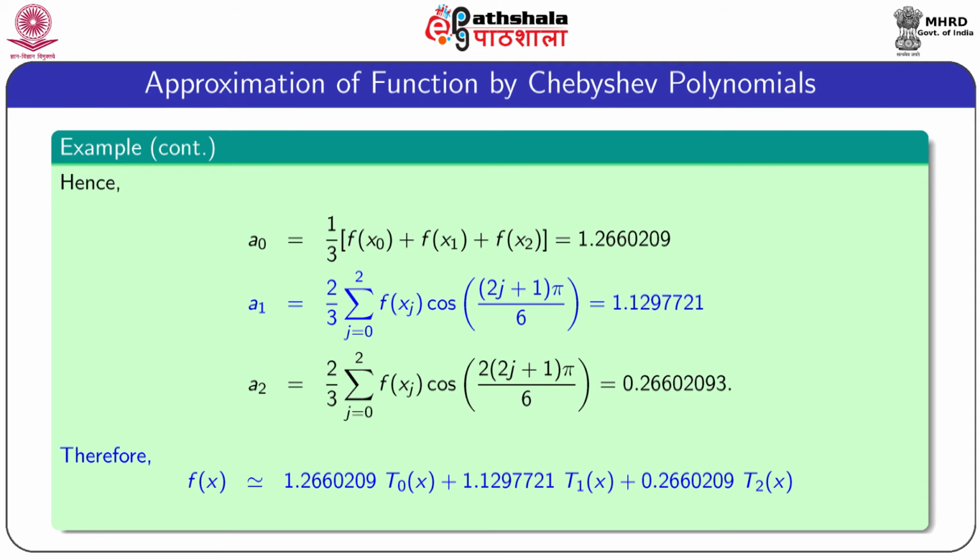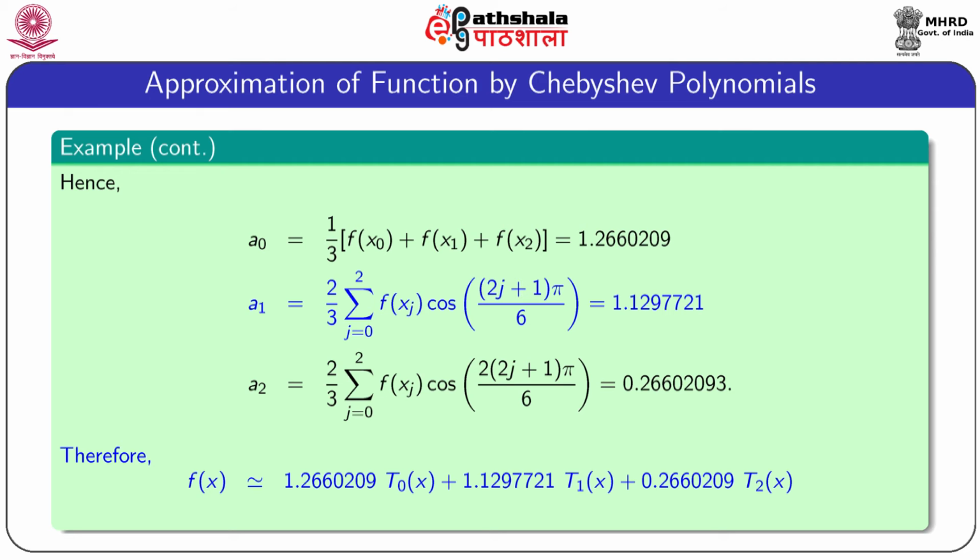Therefore, the function f(x) is approximately equal to 1.2660209 into T0(x) plus 1.1297721 into T1(x) plus 0.2660209 into T2(x).